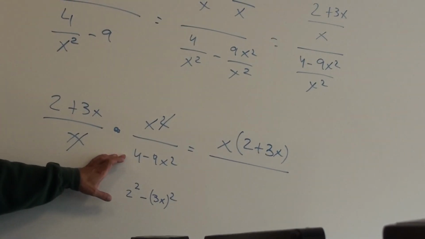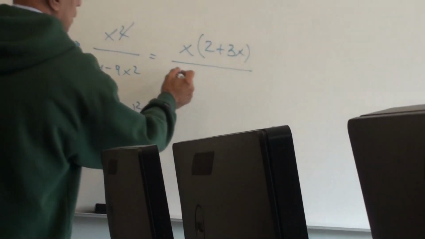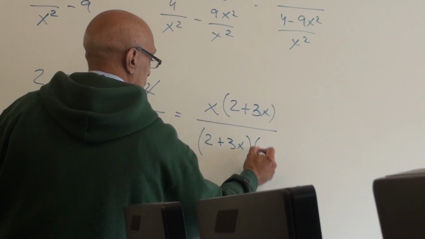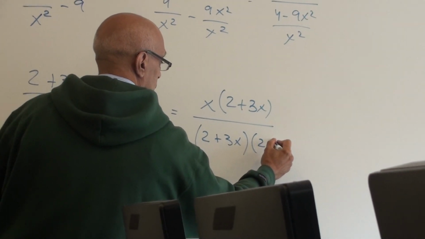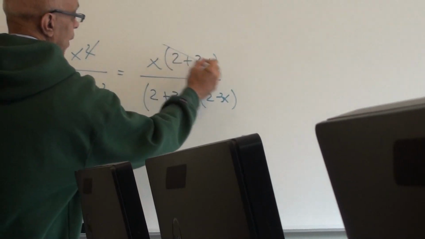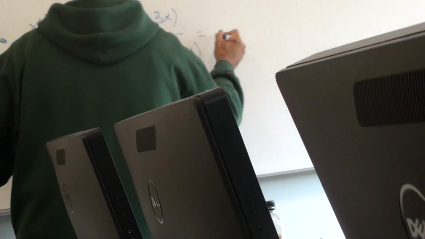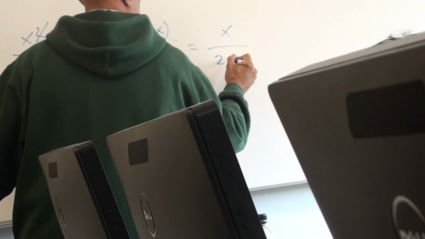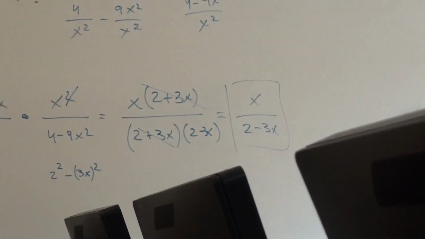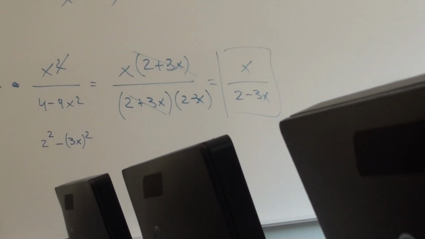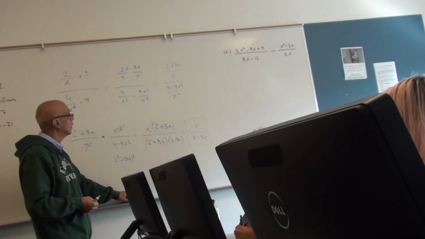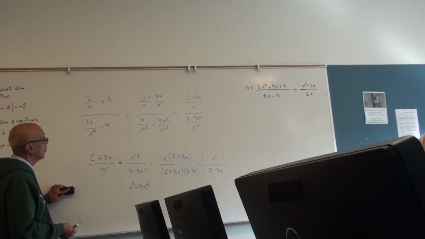And this guy here, now I'll be able to factor, is going to be 2 plus 3x, 2 minus 3x, okay? So I can, again, simplify this guy with this guy, so I'm going to have x over 2 minus 3x, okay? All right? This is good? Okay, so let me erase this now.